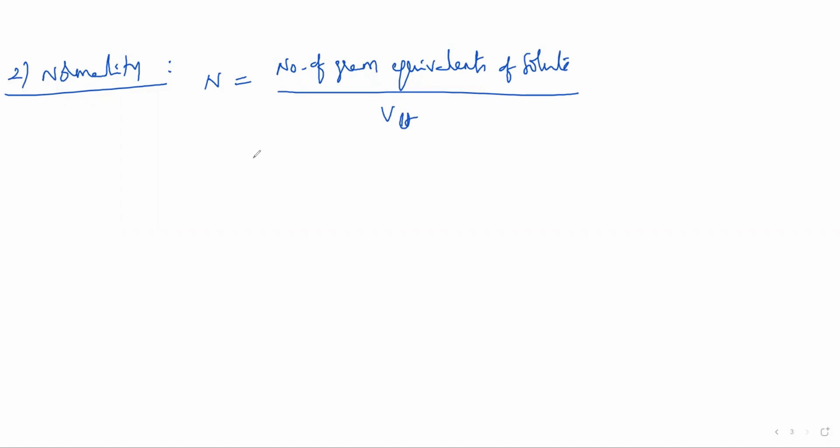Number of gram equivalents of solute by volume of solution in liters. So this is normality. This is about normality.